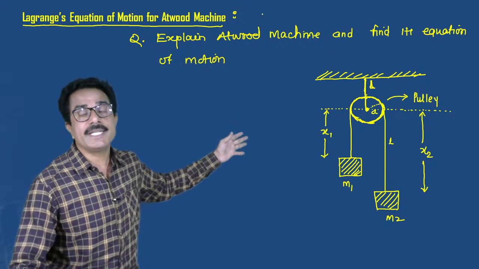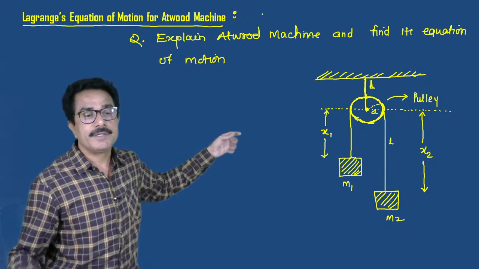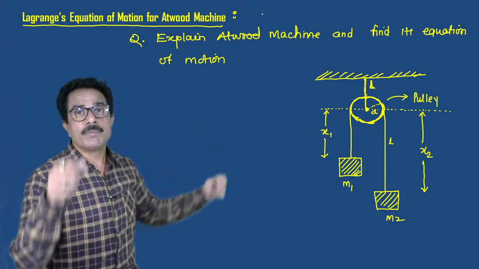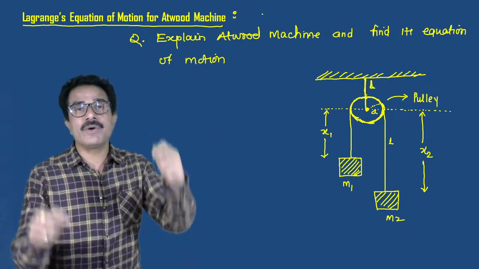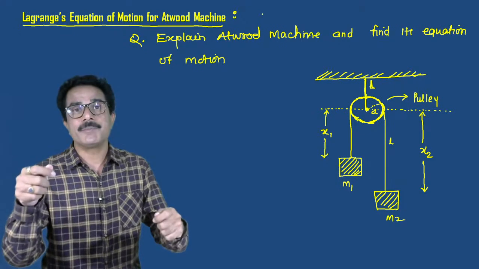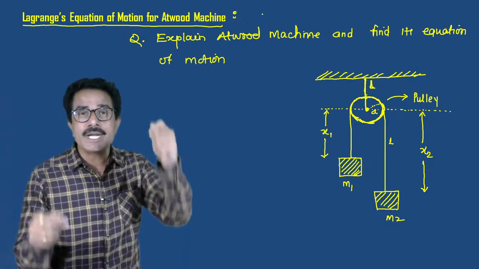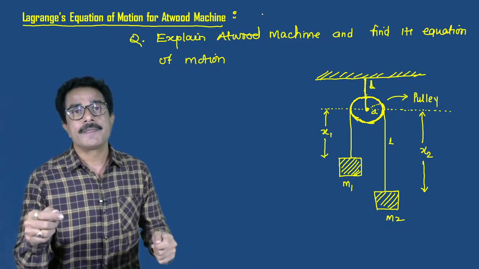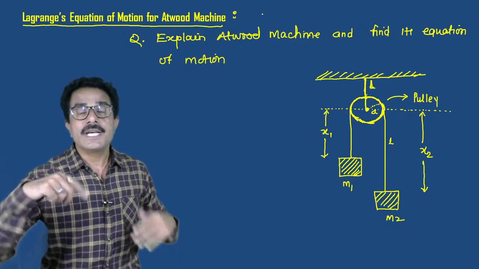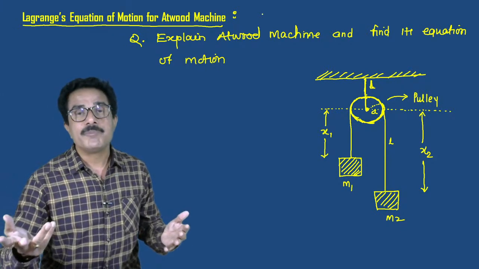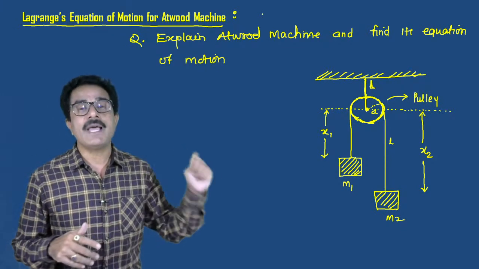You observe that there are actually two coordinates x1 and x2 which are continuously increasing and decreasing, but x2 can be calculated by using the value of x1.